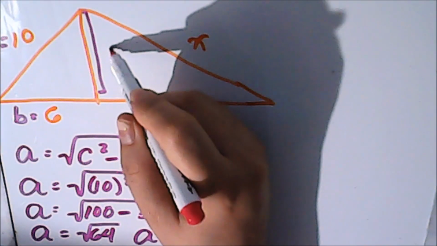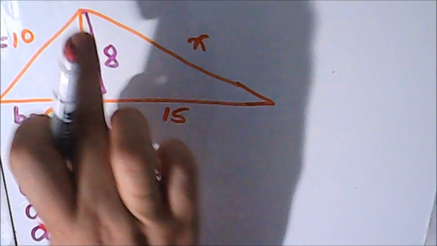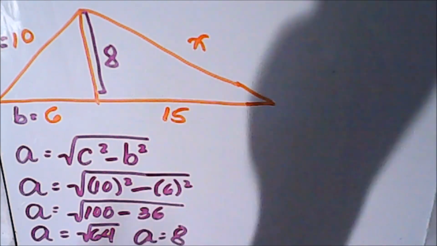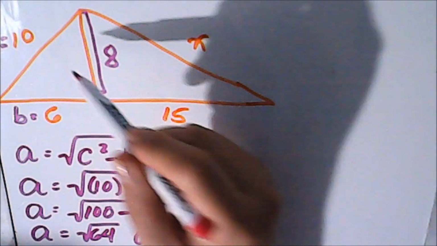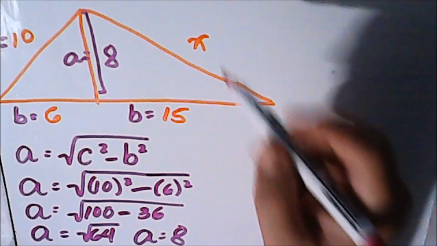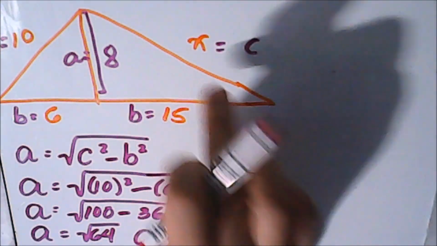Therefore, this altitude here is 8. Now that we know the length of the altitude, which is 8, and the base of the other triangle, which is 15, we can now get x. So this becomes our A, this is our new B, and this is our new C. This is for the second triangle.